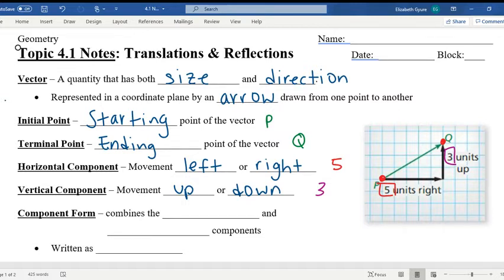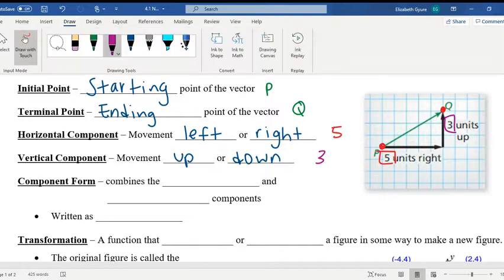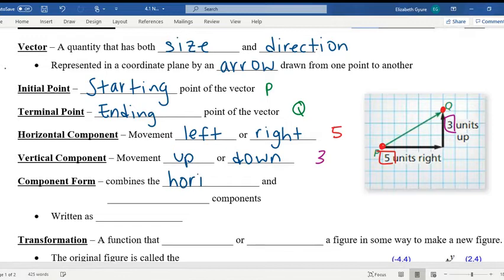Now, if you have a horizontal component and a vertical component, if you put those two things together, that is called component form. That's like telling you a total movement: it moved this many units right or left, and this many units up or down. So it combines the horizontal and vertical components.